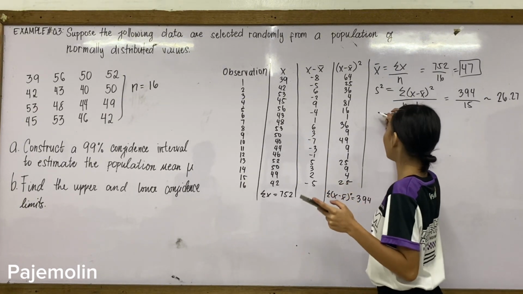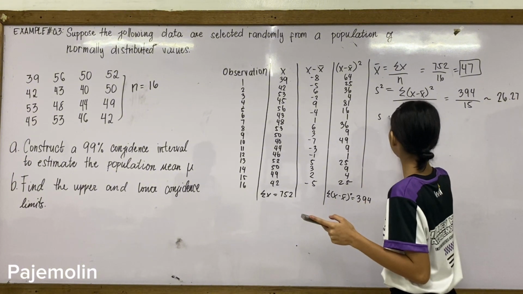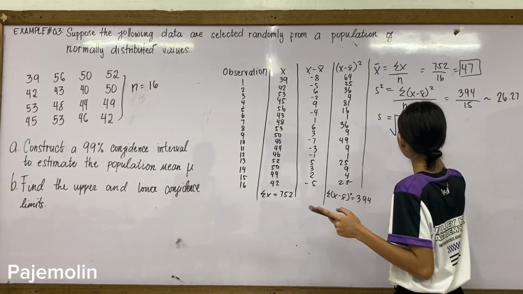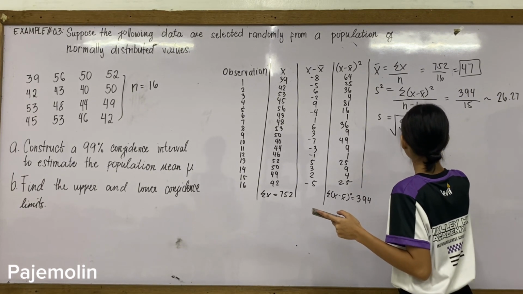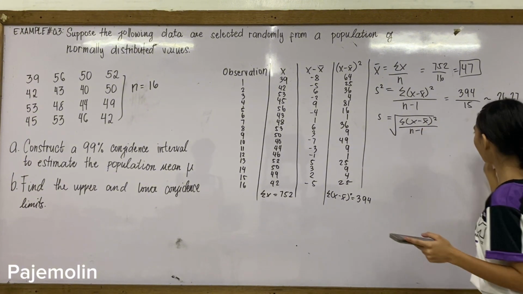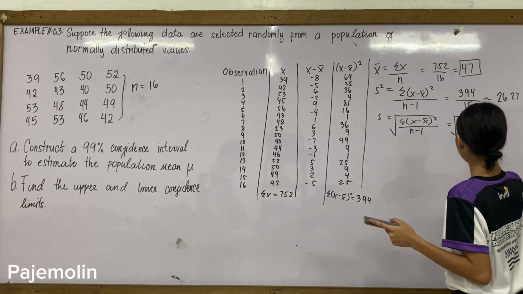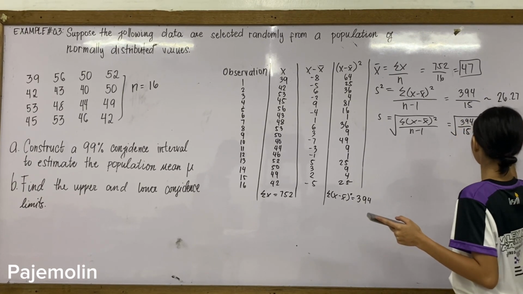So in order to get our sample standard deviation, we have our formula: the square root of the summation of x minus sample mean squared over n minus 1. So again, we have to substitute the square root of 394 over 15.